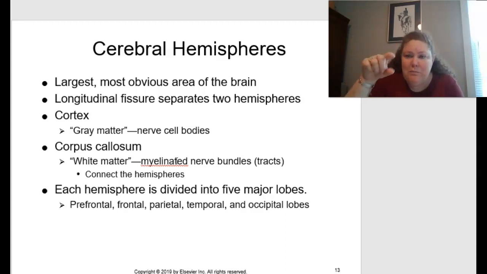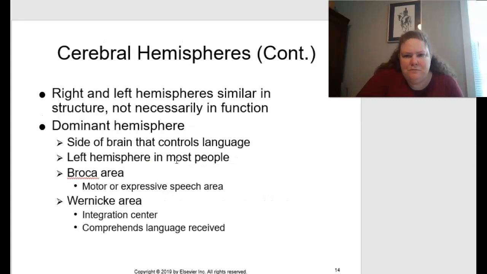That's why it's called white matter, because it physically looks different, whereas the neuronal cell body is going to be more of that gray area. So just think of color. It's literally because it's wrapped with myelin, and myelin happens to be whitish. That's how you can tell the difference between gray matter and white matter. And each hemisphere is divided into 5 major lobes: your prefrontal, your frontal, your parietal, your temporal, and your occipital lobes.